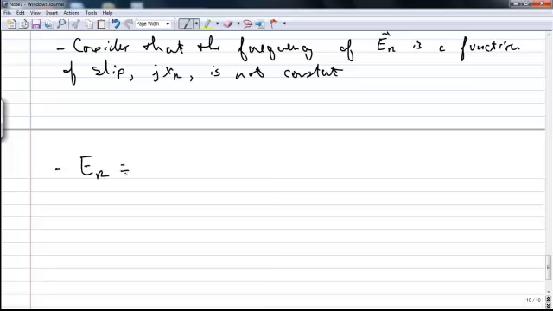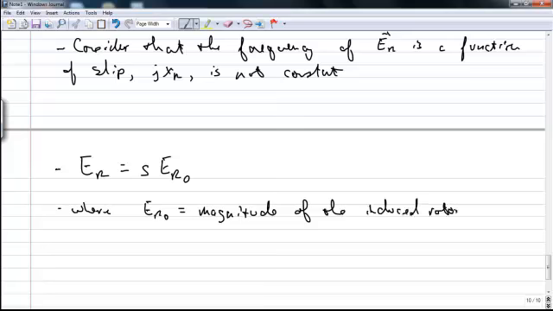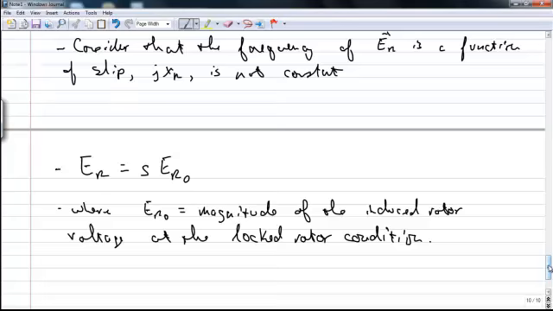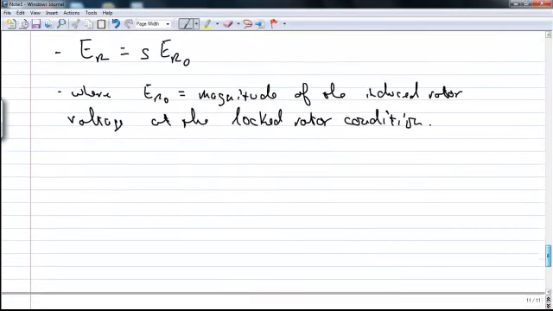That is, E sub r is equal to s times E sub r0, where E sub r0 is equal to the magnitude of the induced rotor voltage at the locked rotor condition. When we're at the locked rotor condition, again, f sub r is equal to f sub e.